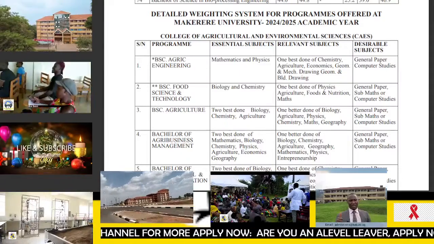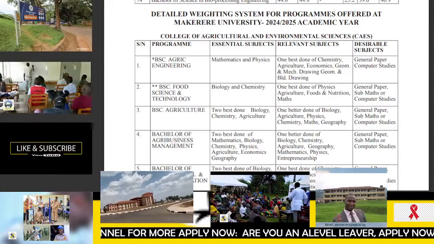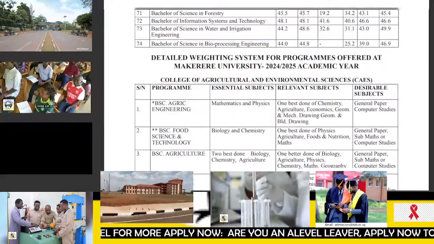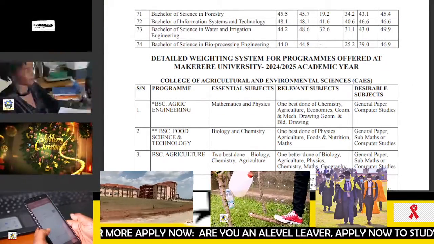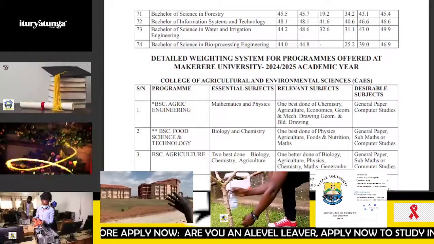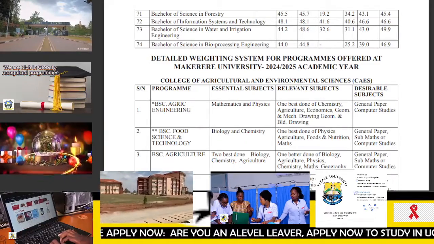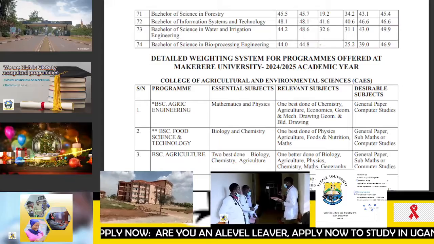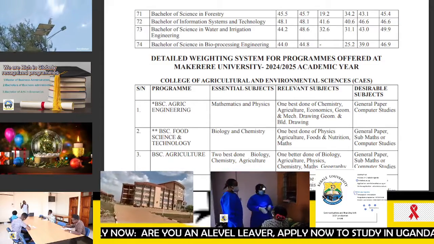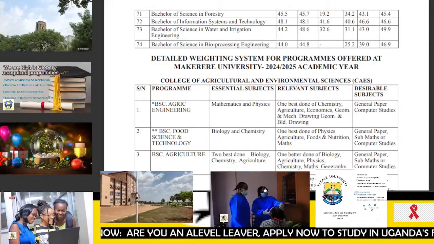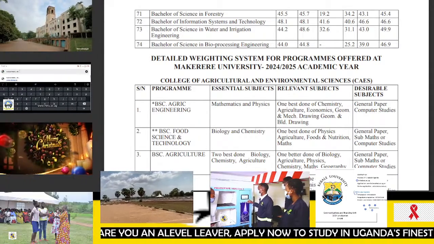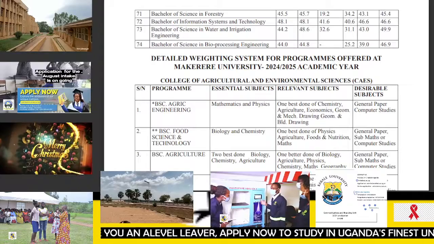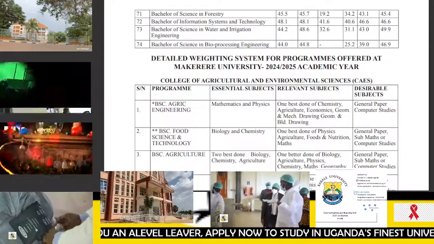And then when you go down to MUBS, Makerere University Business School, the Bachelor of International Business has a cutoff point of 50. And then Bachelor of Social Work has a cutoff point of 50.3. So that means you need 20 points or at least 19 points. That's what you need.